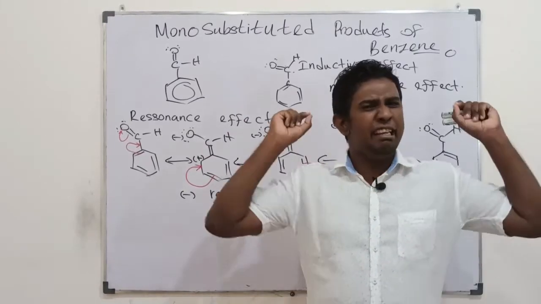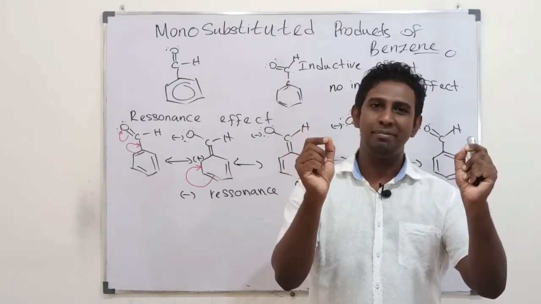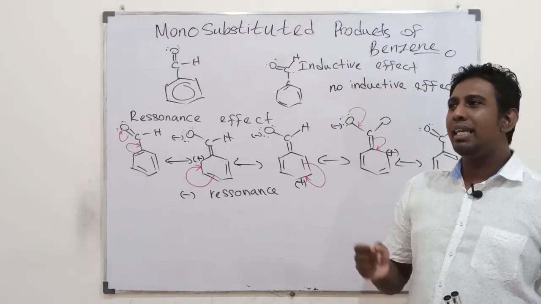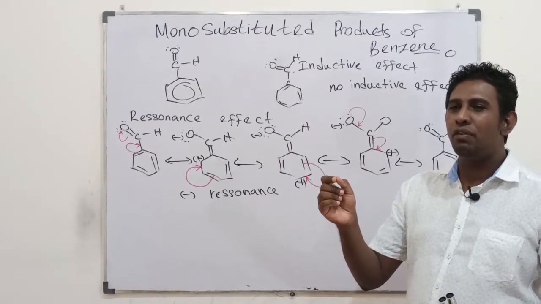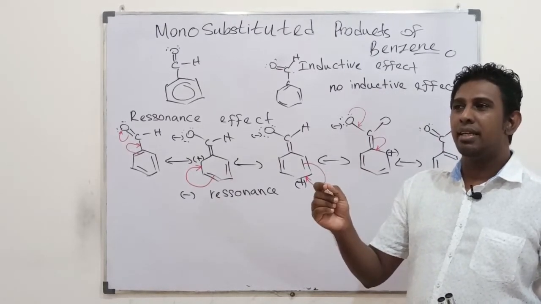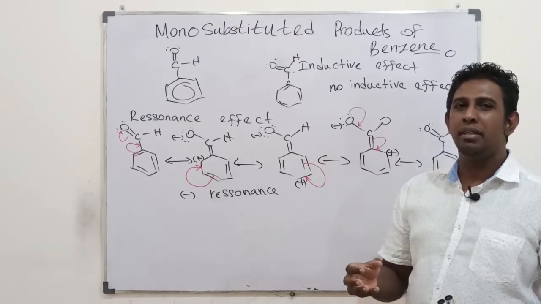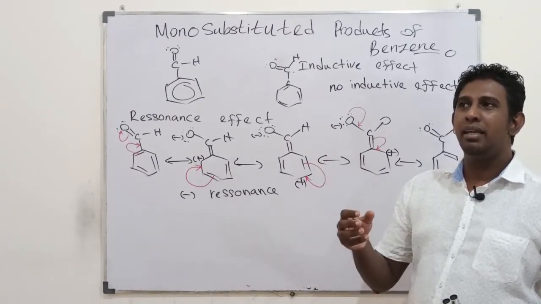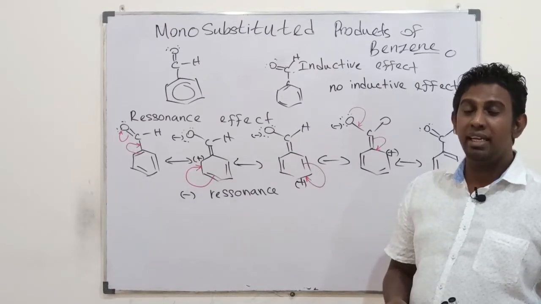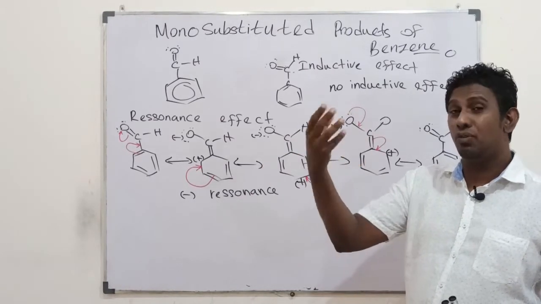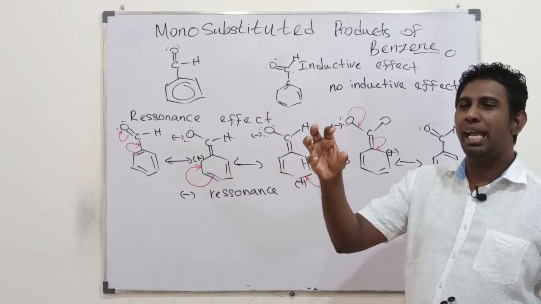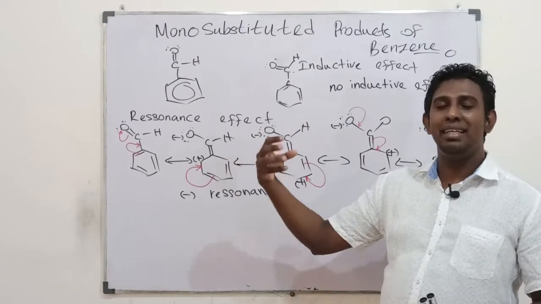Therefore, it's a deactivated group of benzene. The reactivity of benzaldehyde is less compared to normal benzene when they react with an electrophile. When the benzene ring is attacked by an electrophile, normal benzene is more reactive compared to benzaldehyde.